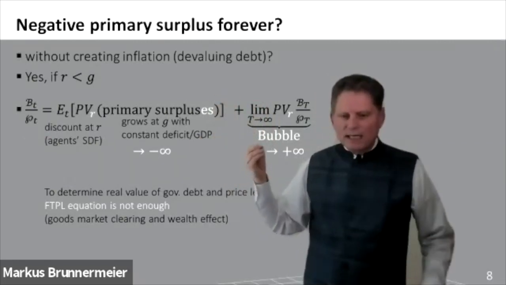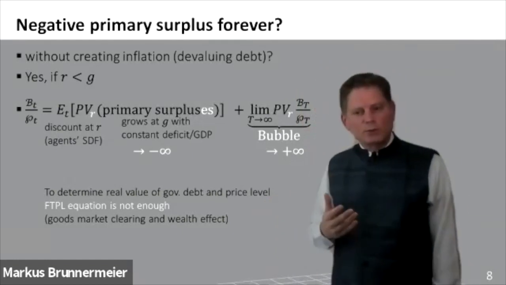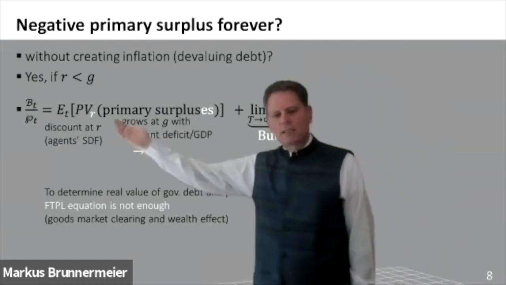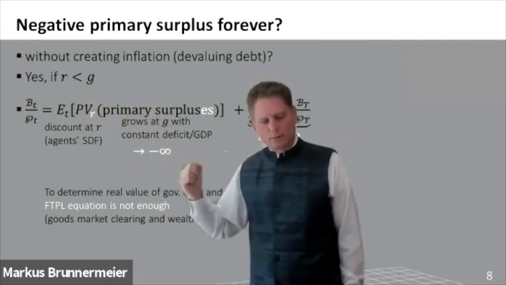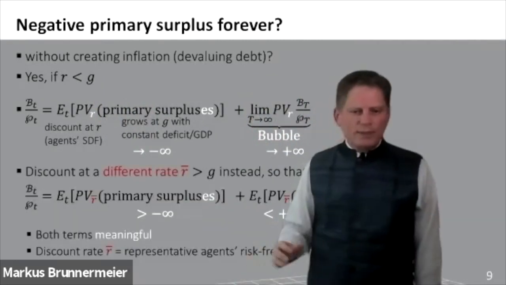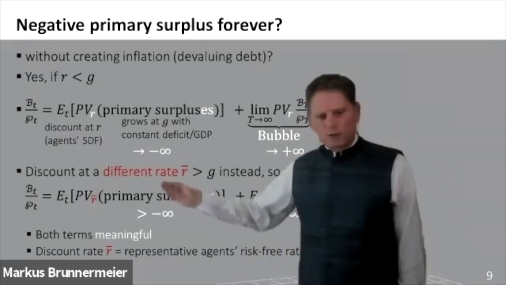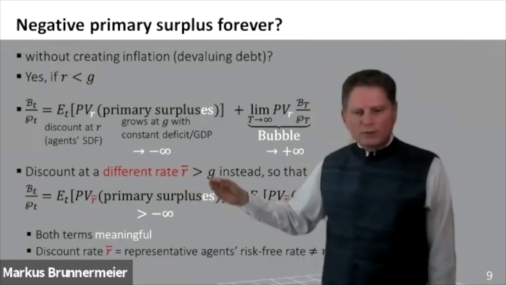So the question is, can we fix this FTPL equation in such a way that it becomes useful again, even when R is smaller than G? That's the exercise. You could say, yes, we can discount at any rate larger than G. Let's call it R bar, and we just use R bar.